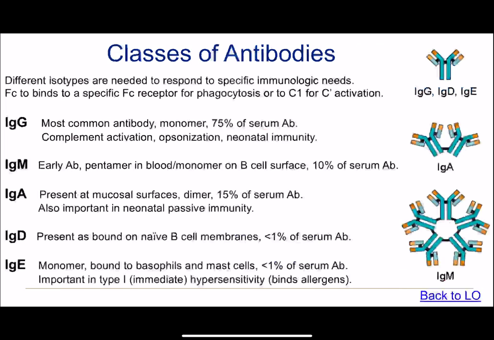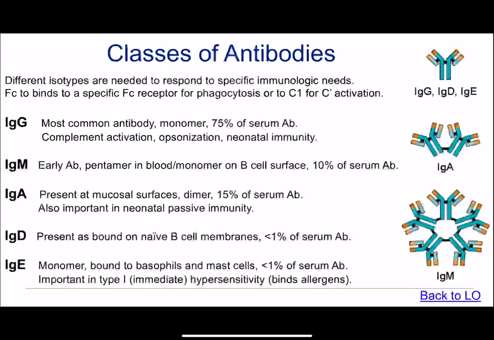Okay, IgG. IgM, an early antibody, can be a pentamer in the blood or a monomer on the B cell surface. IgA is one of the mature forms, present mainly at mucosal surfaces, but there was a question right before break: can IgA be monomers and circulate in the blood?